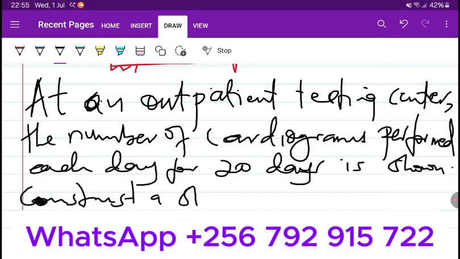Construct a stem and leaf plot for the data.